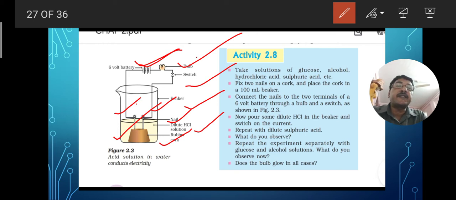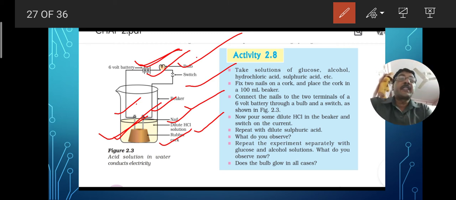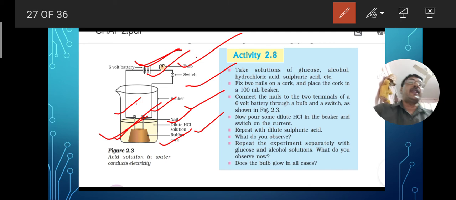If the solution which is taken by us is hydrochloric acid, then you will find this bulb will be glowing. Why will this bulb be glowing? What is the reason? It is glowing because of the presence of hydrochloric acid. This hydrochloric acid is dissociated into hydrogen ion and chloride ion.